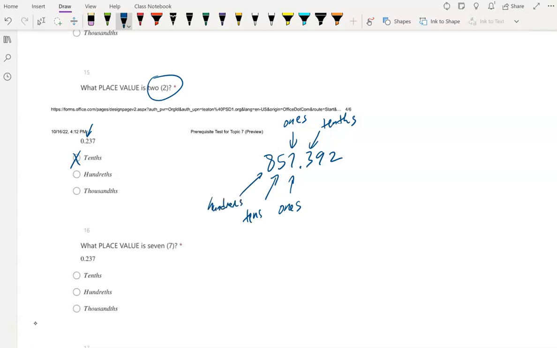The 9 over here is in the hundredths. Now I don't have a number in the thousands place, but I could put a 1 over here and say, well, that's in the thousands place. But the 2 is in the thousandths. But remember, there's only one ones place. You get tens and tenths, hundreds and hundredths, thousands and thousandths, and so on.